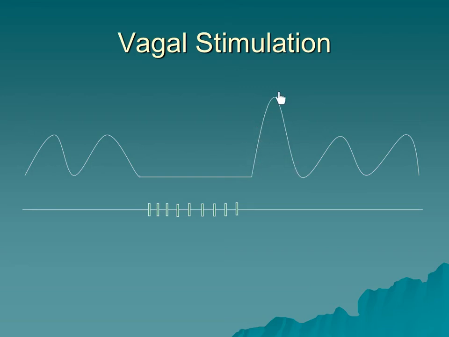All right, this is referred to as Starling's law of the heart. And Starling's law of the heart states that if you increase the preload on the heart, you will increase the force of contraction. In fact, that works for Starling's law in general on any muscle. If you increase the preload, you increase the output.